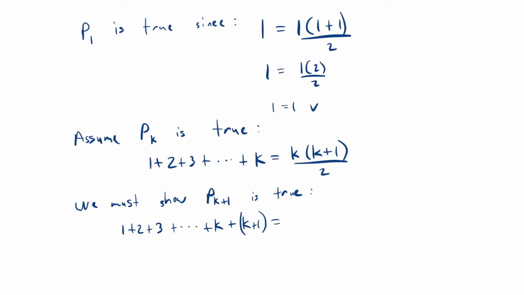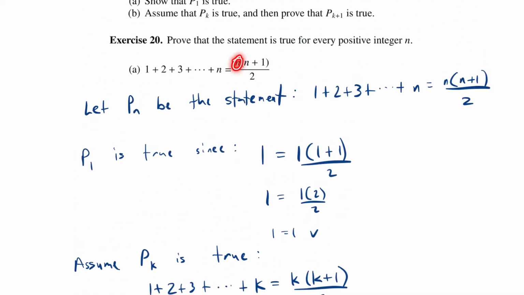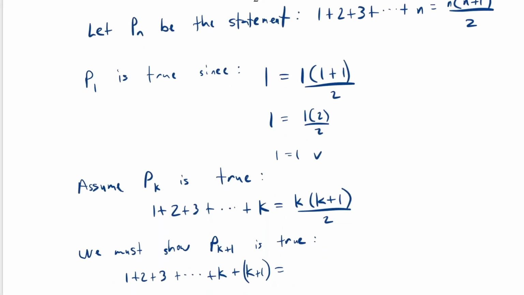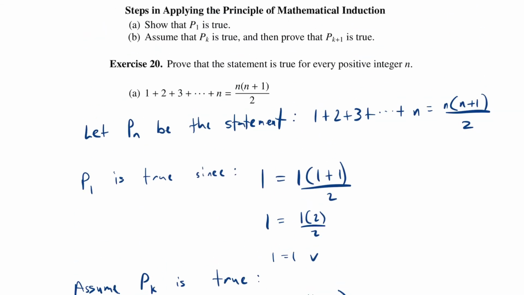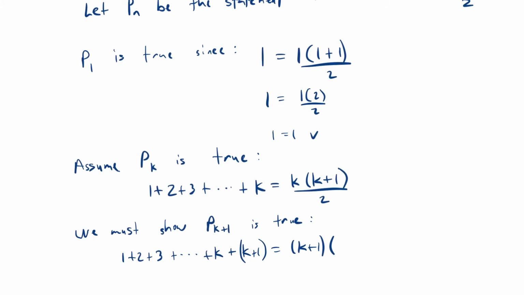Well, we need to show that that is equal to the right side. So what you do on the right side is you replace the n's with k plus 1's. So that would be k plus 1 times k plus 1 plus 1, which is k plus 2, all over 2. So this is what we must show.